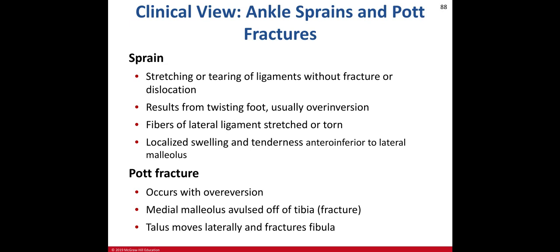So a sprain, of course, is the stretching and tearing of those ligaments without a fracture or dislocation, usually from over-inversion. If you totally tear these ligaments, then surgery is usually the only option. If you just really stretch them, it's rest and ice.